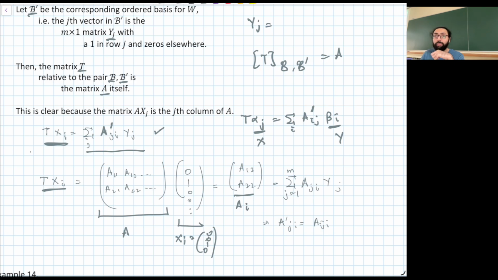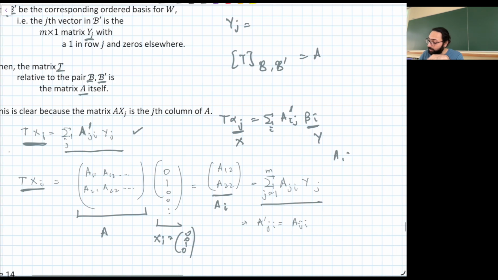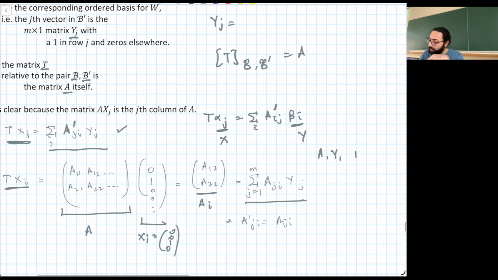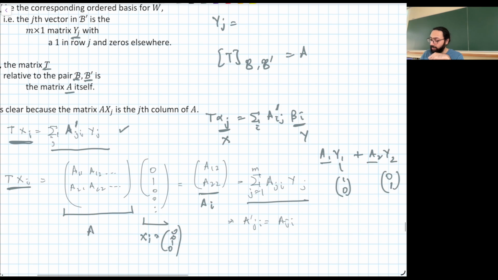And this one can actually be written as a combination of A1 Y1 plus A2 Y2, where Y1 is just 1, 0, and so on. So it is just essentially multiplying the columns, and that allows you to get the final result. So I'll let you check it at home. It's quick.